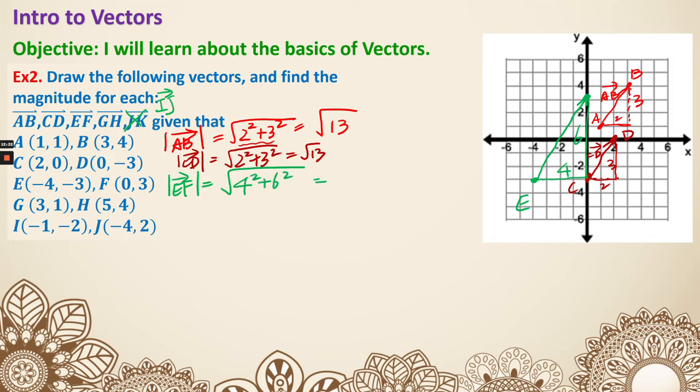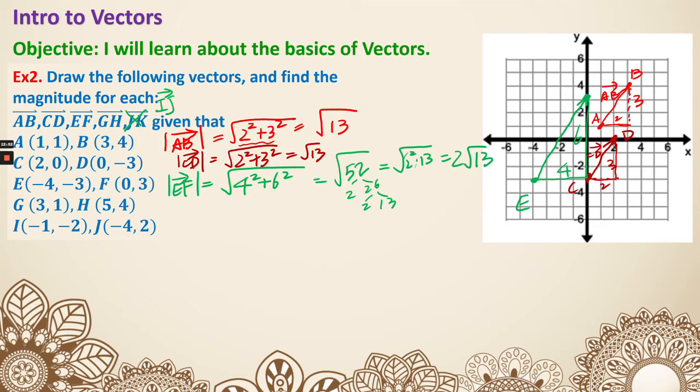That is 16 plus 36, and that is going to be 52. Now I can do my factor tree: 52 to 26 to 13. That will give me square root of 2 squared times 13. Since we have a pair of 2s, I can take it out, so 2 square root of 13. That is EF.